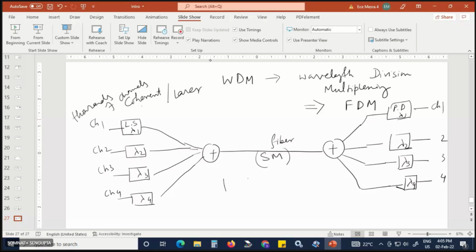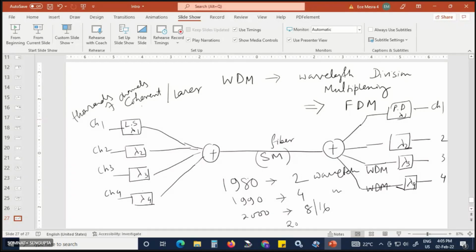So it was developed step by step. Since 1980 or 1990 it was 2 wavelength, then 4 wavelength WDM, then in 2000 more than that, then 8 or 16.